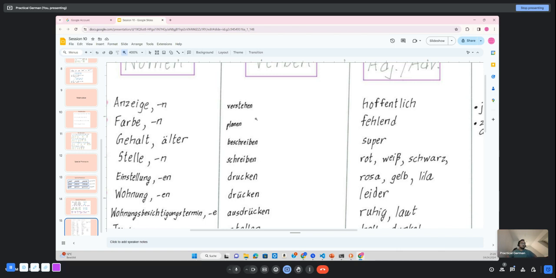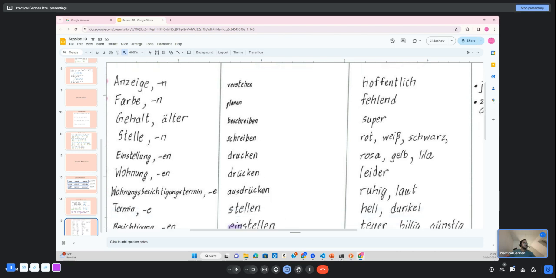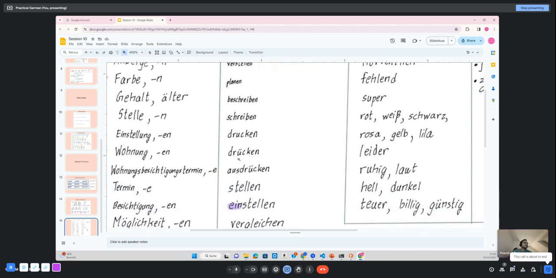I think one is to press and the other is to print. Even I am confused which one is which, but one of them is to print and one of them is to push.